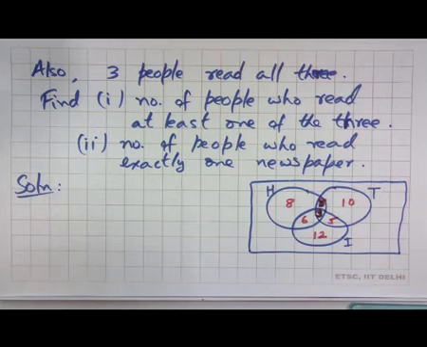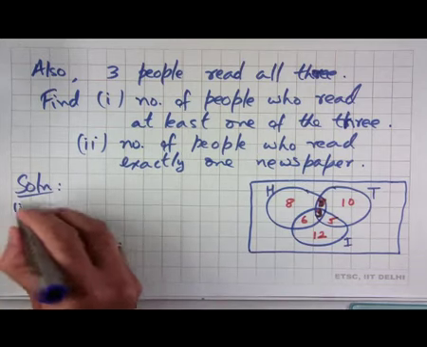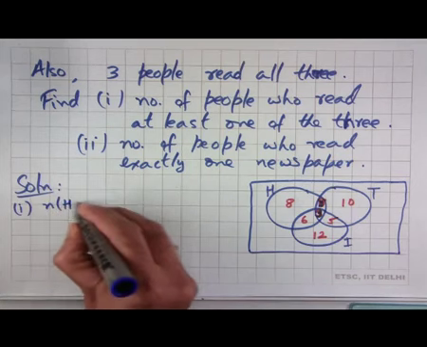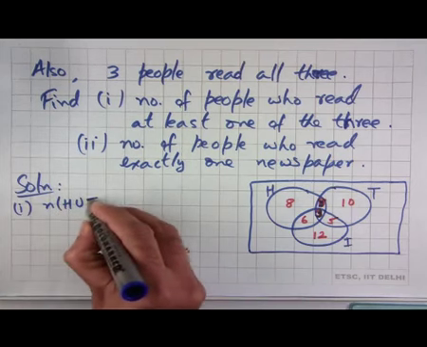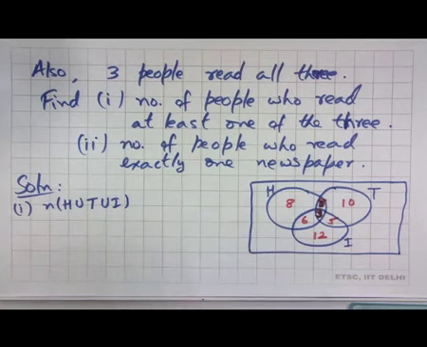Now, you can easily write what is being asked. So, the first one is the number of people who read at least one of the 3. Either you can use the formula, that is, we want n of H union T union I. So, we are given n of H, n of T, n of I and n of the intersections.